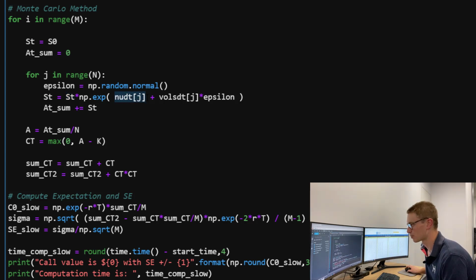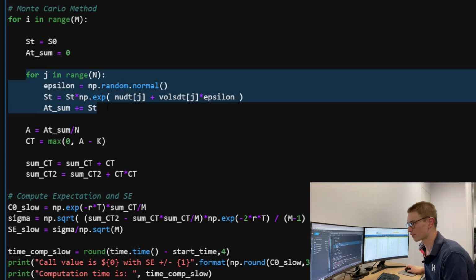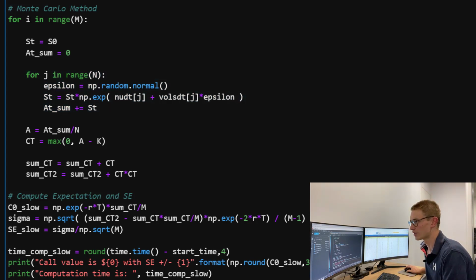So we just take the respective drift and then volatility term multiplied by our Wiener process. We can then add this to the arithmetic sum, and we continue doing this for the entire time of this particular simulation. Now at the end of time T2, so our 90-day period, we then take the arithmetic average, so we just divide that sum by n.